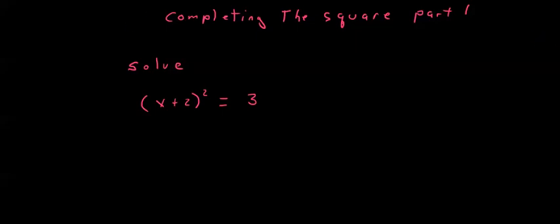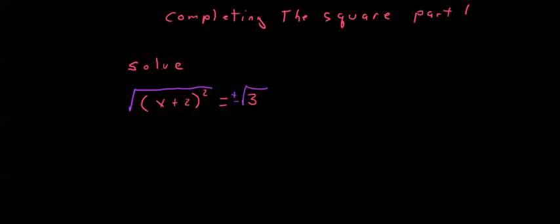First of all, we need to recall from yesterday, the last video, when we have an equation like this, we could solve it by taking the square root of both sides. Remember, we need a plus minus here.